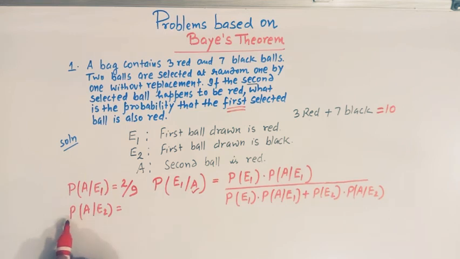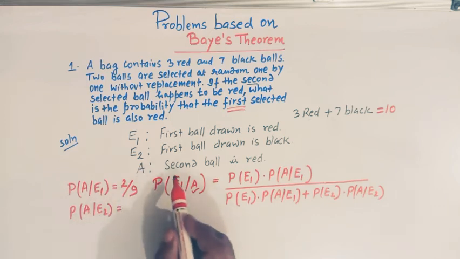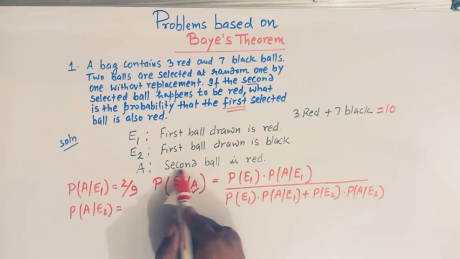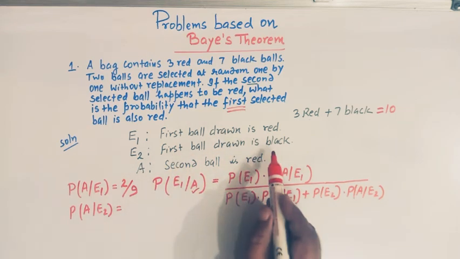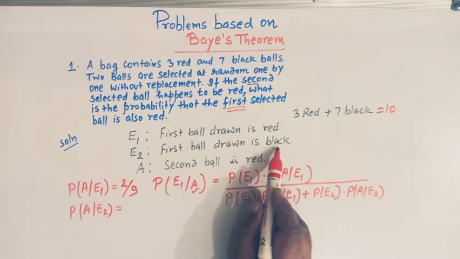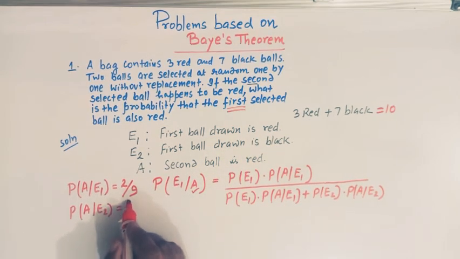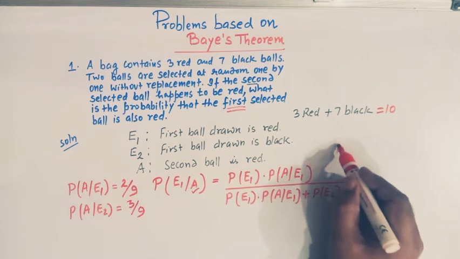Clear? Similarly, the conditional probability of event A when E2 has already happened. So P(A by E2) is the probability of getting the second ball red when in the first draw the ball drawn is black. So here we'll have 3 by 9. Now what is P(E1)?